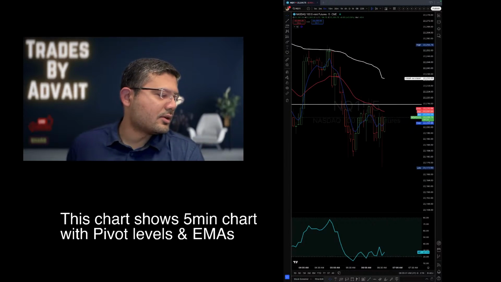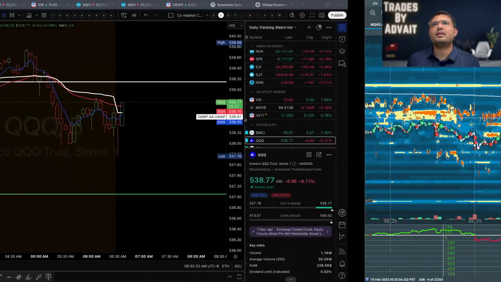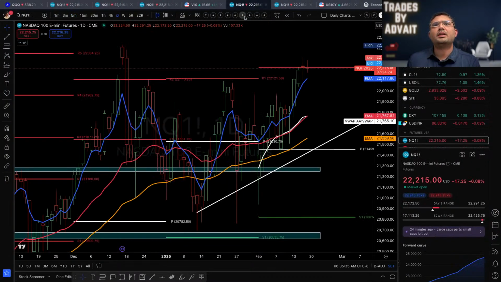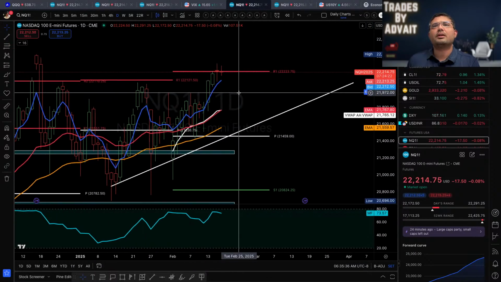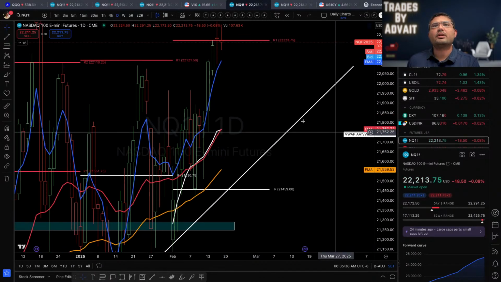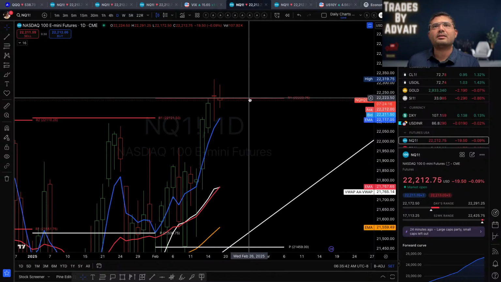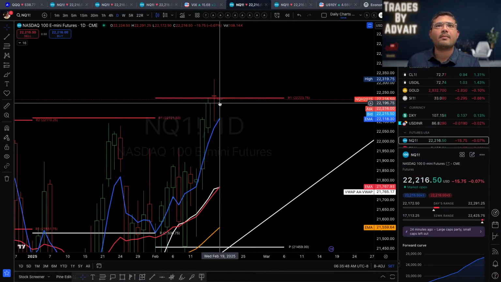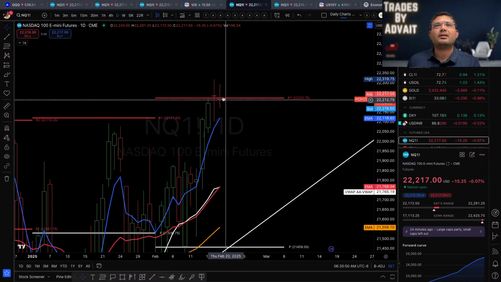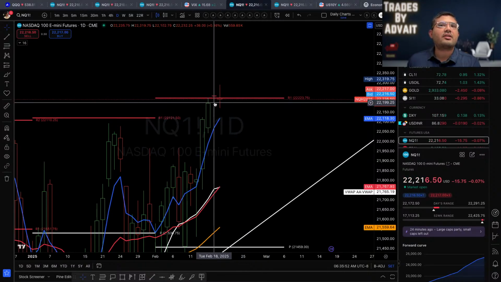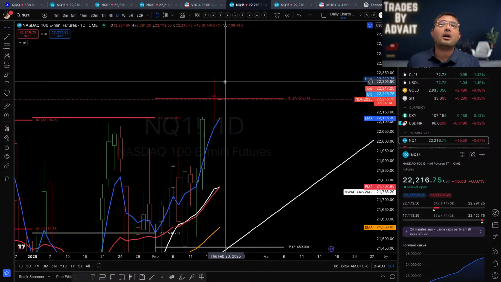Let me show you the daily charts as well. In the daily charts, the visibility is much clearer. If I zoom in, this is the R1 resistance level, which is 22,223. This is where the market is struggling a little bit to go up.